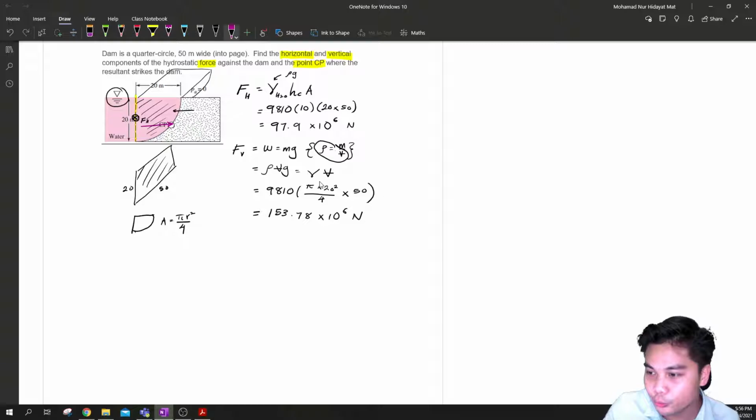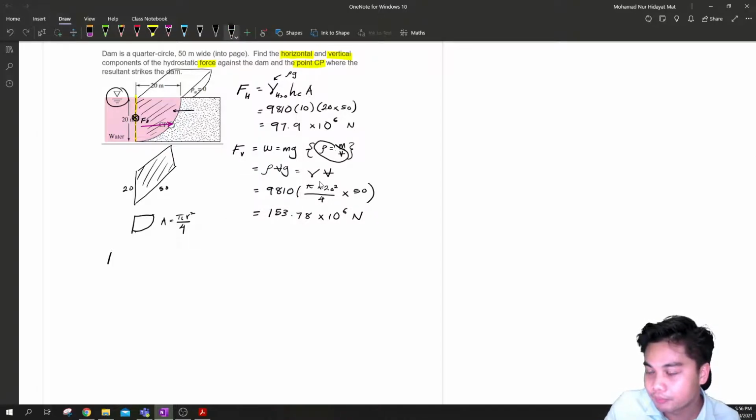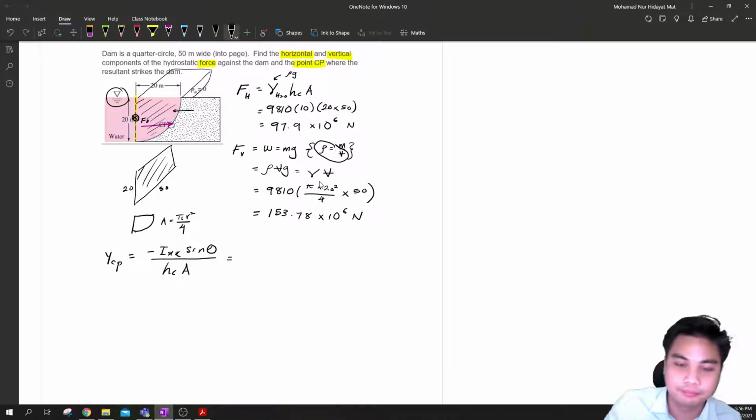So we're going to use the IXX. Okay. We're going to use the YCP, which is equal to negative IXX sine theta over HC multiplied by the area.